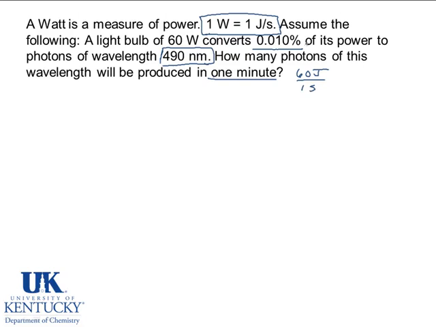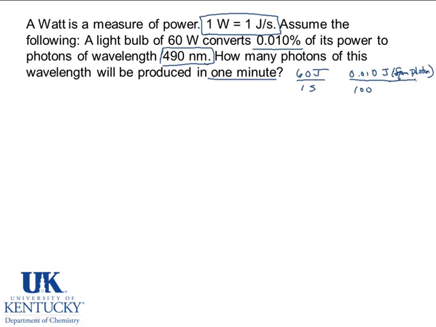We are also given this percent, and anytime you have a percent, you can take that number over 100 and think about the part and the whole that makes this up. So what is the 0.01%? Well, this is the joules from photons.